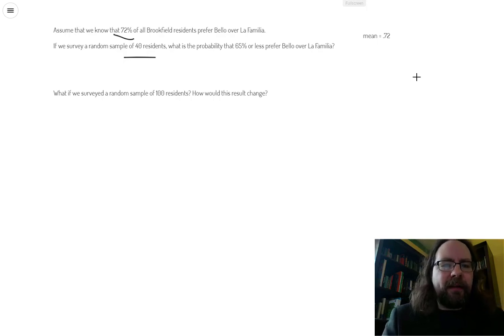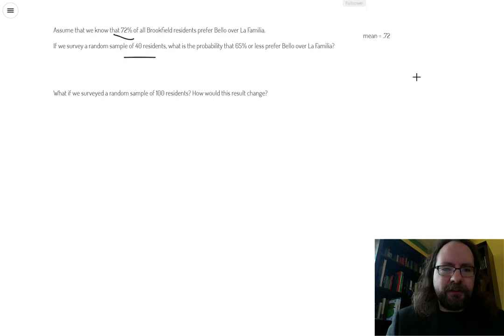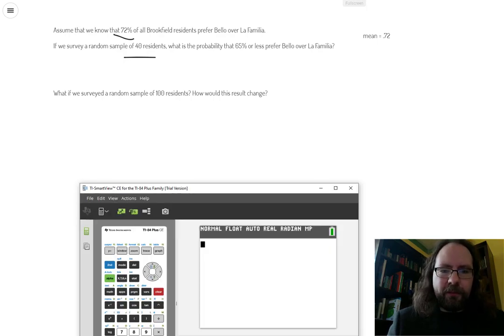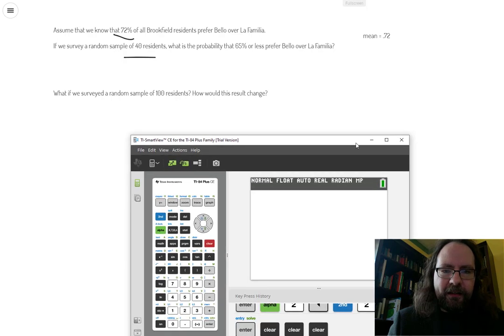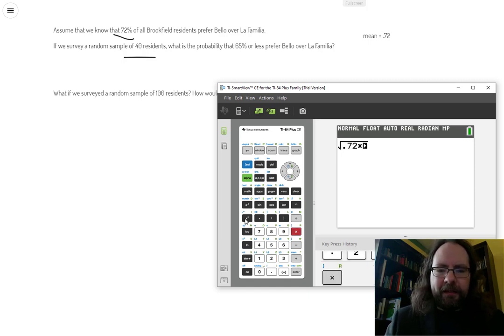But n is going to affect how spread out my distribution of proportions is. So I'm going to need my calculator to do that. I'm going to bring up my TI here, and I need to do the square root of 0.72 times 1 minus p, which is 0.28, and that has to also be divided by 40, still in the square root.